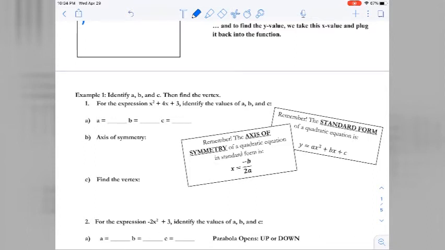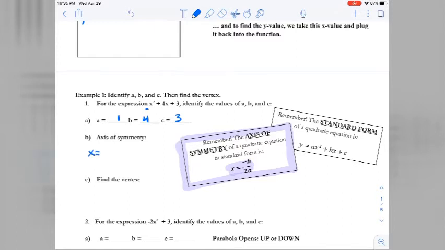So first of all, let's define what our a, our b, and our c is. Our a in this case is 1, our b in this case is 4, and our c in this case is 3. So the first thing we're going to do is find what the axis of symmetry is. Again, x is equal to -b over 2a.